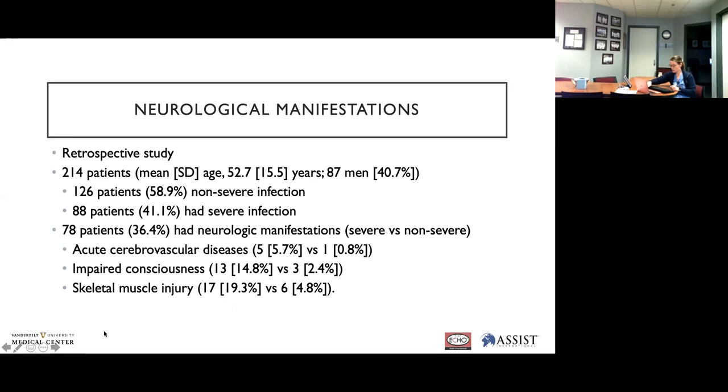As we move from infection to the neurological system, we do so with the understanding that the coronavirus can lead to a host of different clinical manifestations, as we described previously. So again, focusing on the neurological system. In a retrospective study out of patients in Wuhan, China, 214 patients were examined. Of these 214, 126 were deemed to have a non-severe infection, with the remaining having a severe infection.